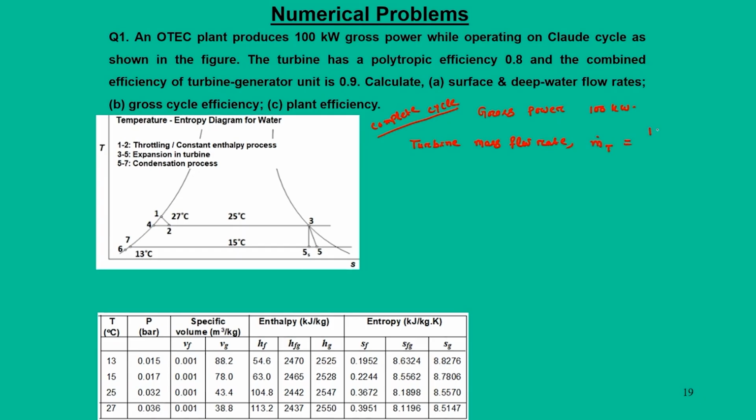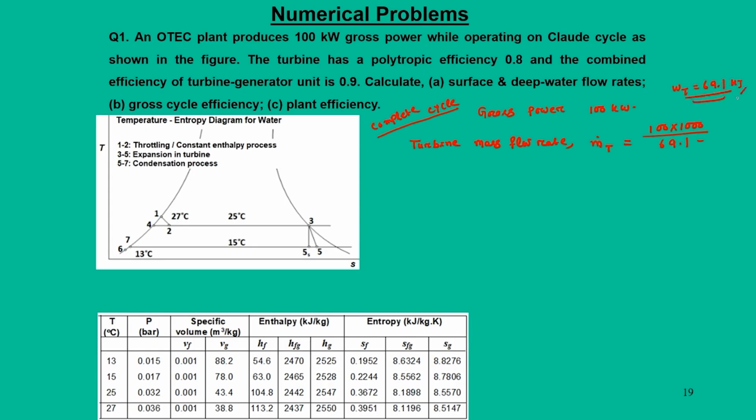Previously we calculated W t as 69.1 kilojoule per kg. So, m dot t is 100 into 1000 divided by 69.1.